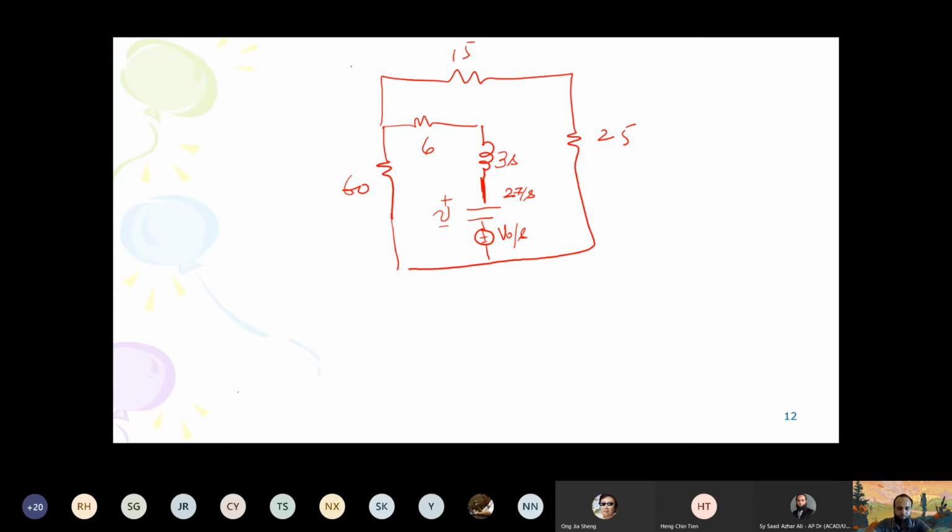All right. So any suggestion how to proceed? We're looking for V naught, this V. Can we apply maybe mesh analysis?